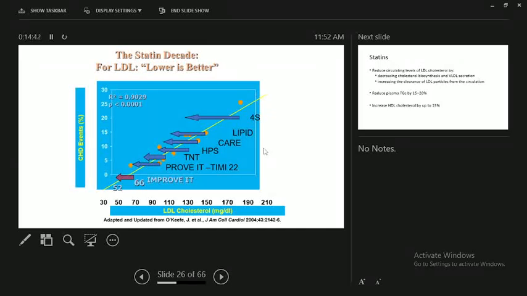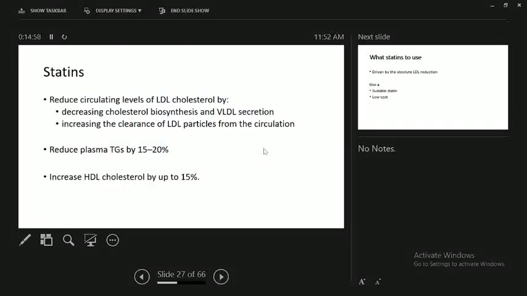The other thing is, over the last decades, statins have shown that the lower the LDL, the better. You can see when the LDL comes lower and lower, the coronary heart disease events also go lower and lower. So this is very important. Lower is better.